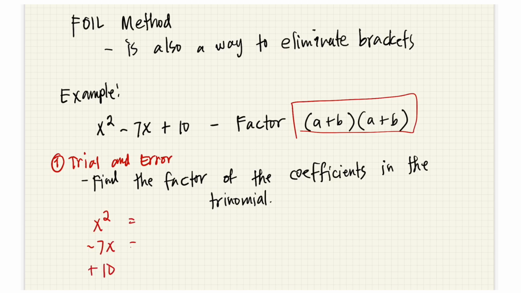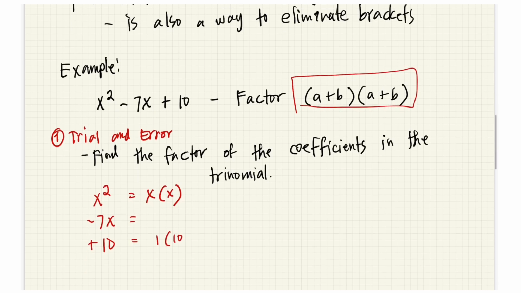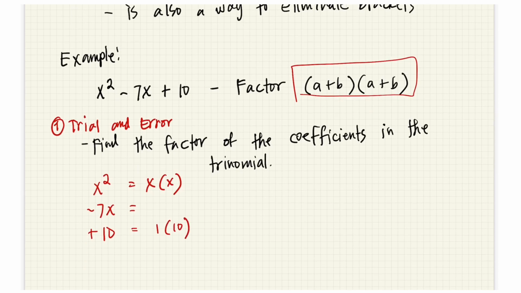Now, we list down the factors of x. What are the factors of x? Then we have x times x, correct? What are the factors of 10? 10 has the factors of 1 times 10 and a factor of 2 times 5.